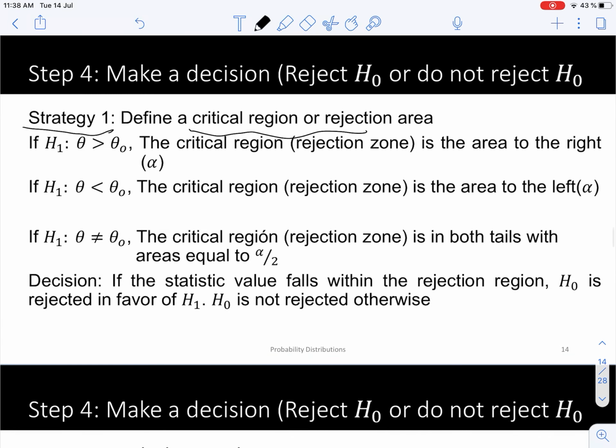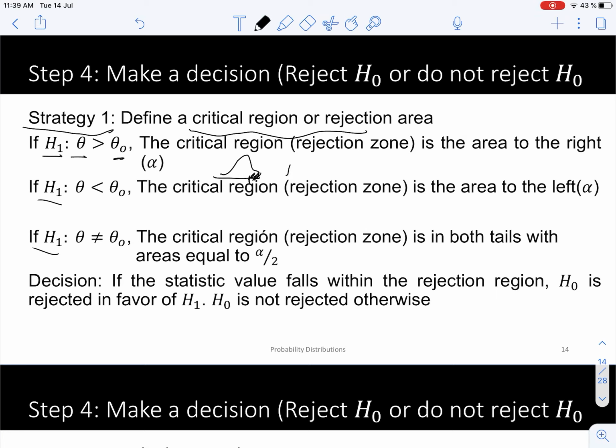First, that critical region is going to be always defined by the alternative hypothesis. So the alternative hypothesis is going to be always pointing towards the rejection area. For example, here the parameter is greater than one value. So the greater means that the rejection area is going to be to the right.